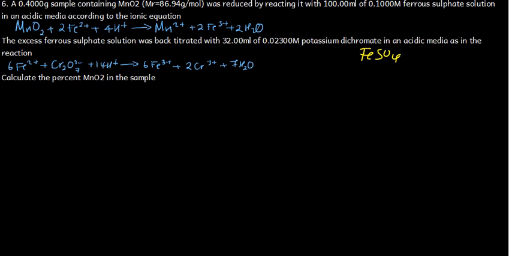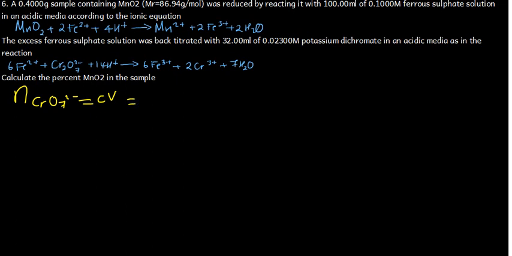And so the excess ferrous was back titrated with what? 32 milliliters of 0.023 molar potassium dichromate. That means everything that remained when this reacted was used up completely in the second reaction. And so to find how much was used up in the second reaction, I'm going to say first the number of moles of the dichromate is going to be equal to concentration times volume.